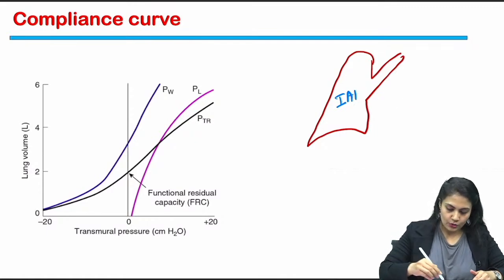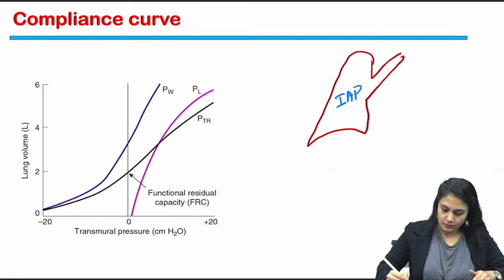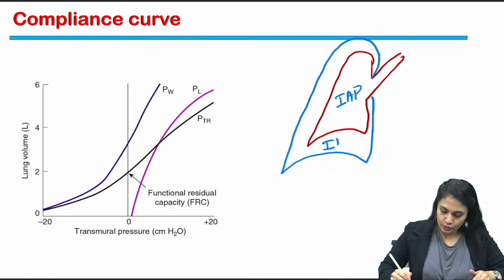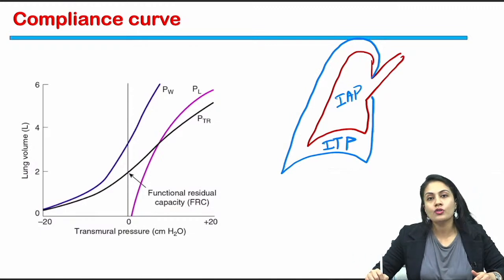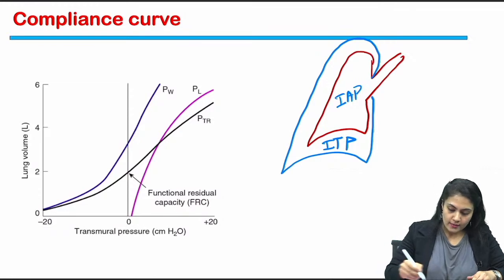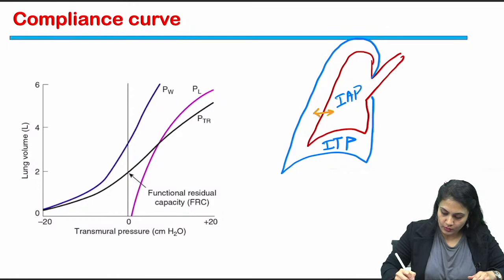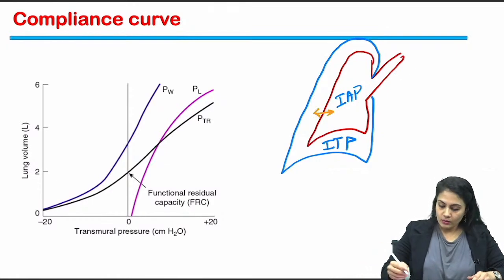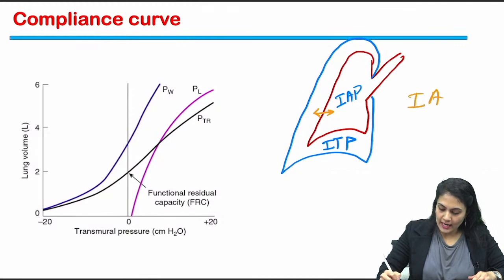If this is the pleura, it is going to be the intrathoracic pressure or intrapleural pressure. When I talk about the transpulmonary pressure, I have to talk in terms of these two things. So this is going to be the transpulmonary pressure. That means I have to do IAP minus ITP.